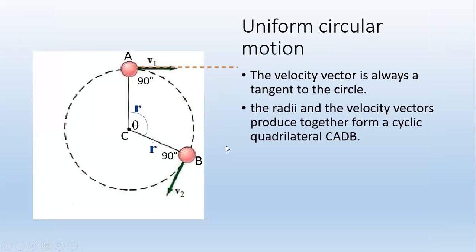So we will produce the vector forward and backward there. This becomes a quadrilateral, right? CADB is a cyclic quadrilateral. So it means that if this angle is theta, this angle is also theta. These are ideas we are going to use in our derivation.